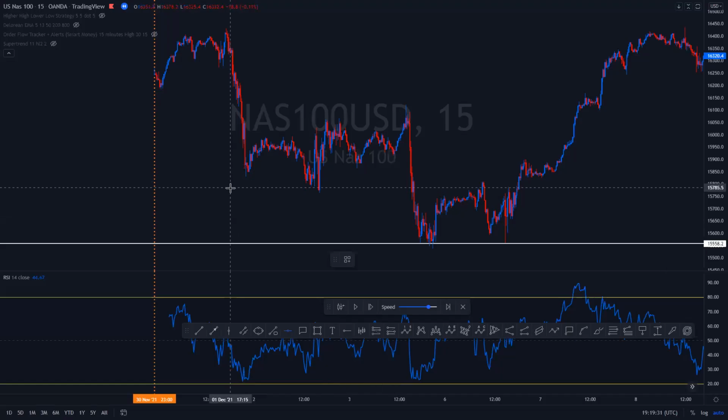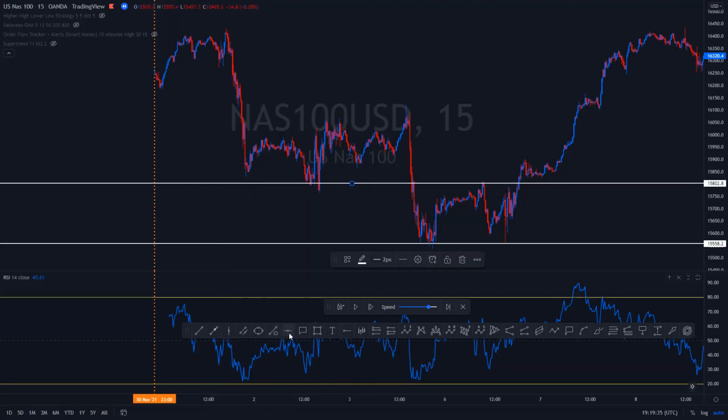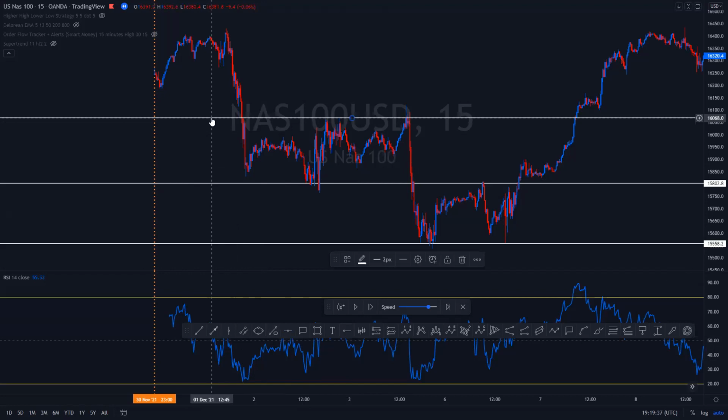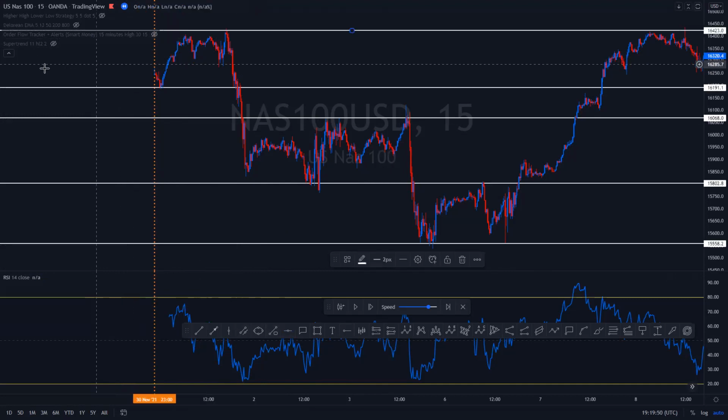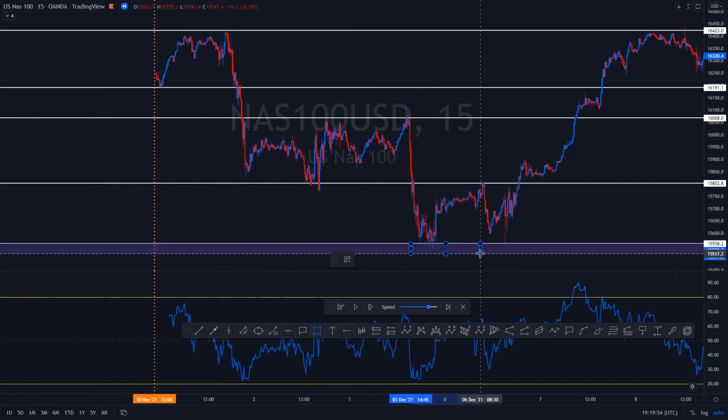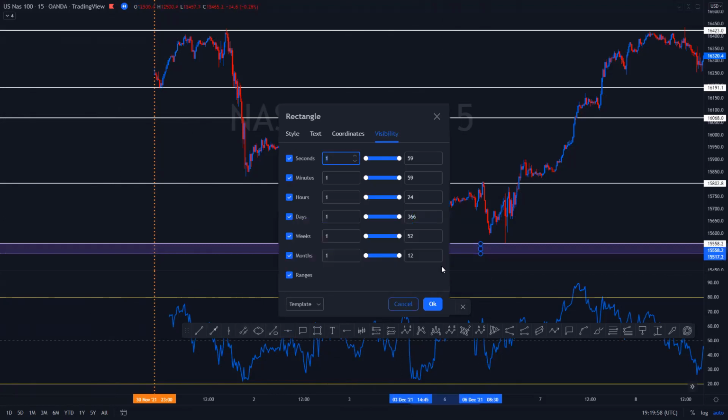So basically I mark it up based off of price liquidity. Let's try the next one here, and then up to here. All right, and then basically I draw my zones on these areas as well.